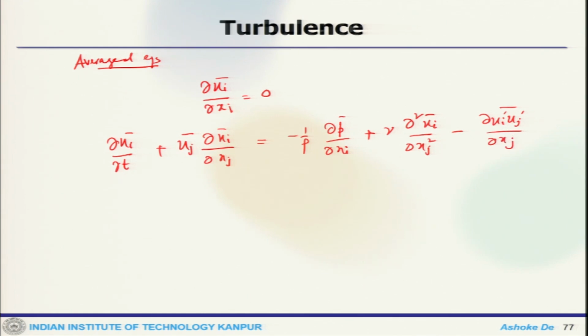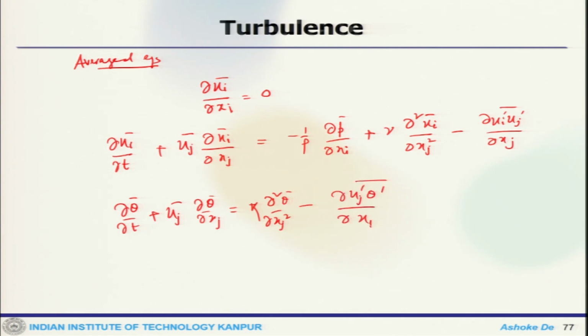So, that is an additional term. Similarly, del theta bar by del t plus uj bar del theta bar by del xj equals kappa del 2 theta bar by del xj2 minus del of uj prime theta prime bar by del xj. So, we can see this is one term and this is another term.